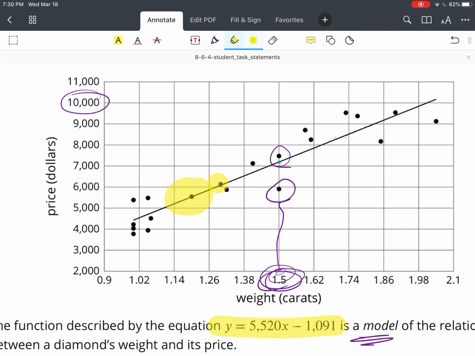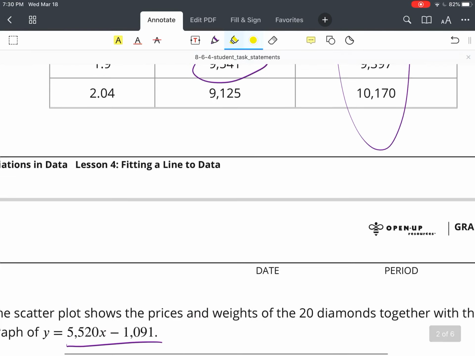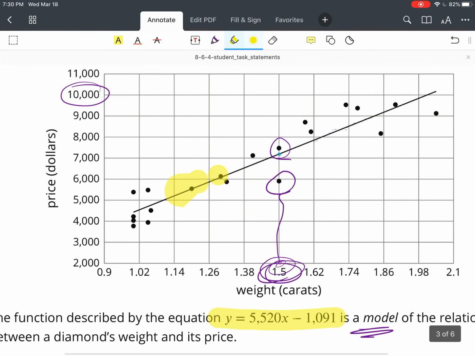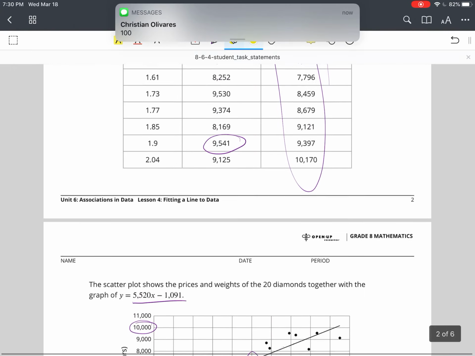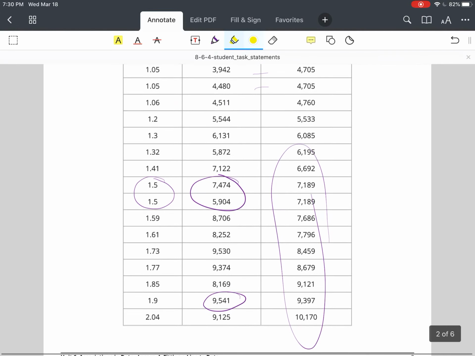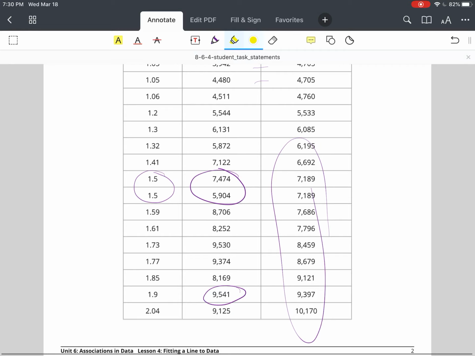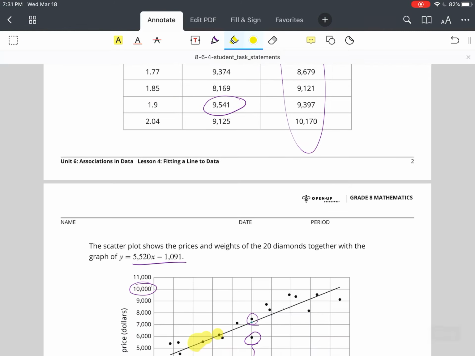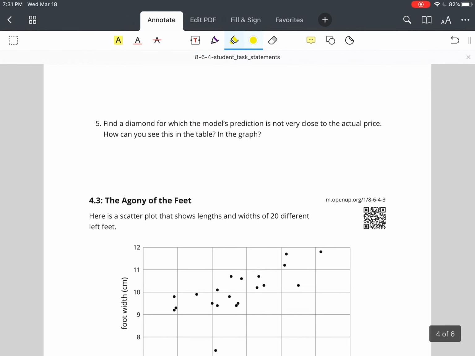Because that means the prediction is very close, or in fact, it is exactly what the actual cost is. And let me look at the x values here. 118, 130, 118. Yeah, you see? 118 or 1.2. That's really close. And this is also really close. Okay? That's how you can tell.